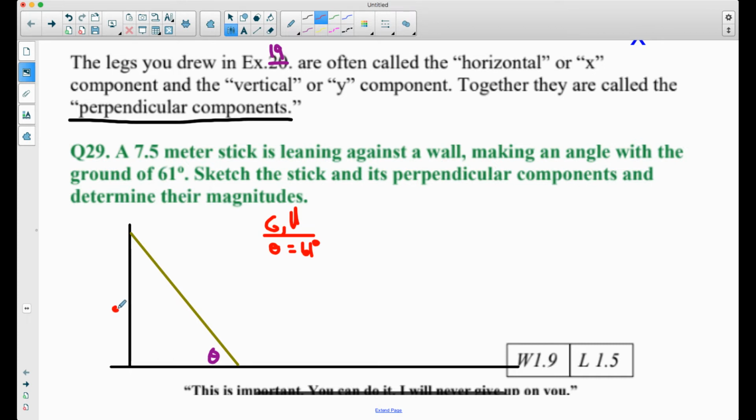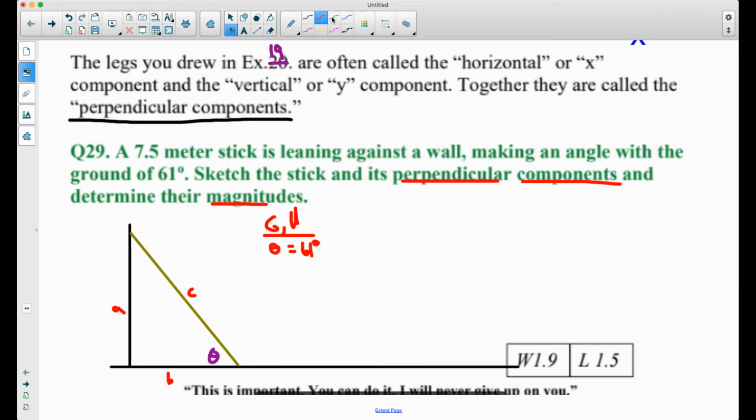Listen, they're talking about sketch the stick and its perpendicular components and determine their magnitudes, which of course, remember, we did magnitudes the last day in class or 2 days ago. Just how much, that's it, the value with the unit.